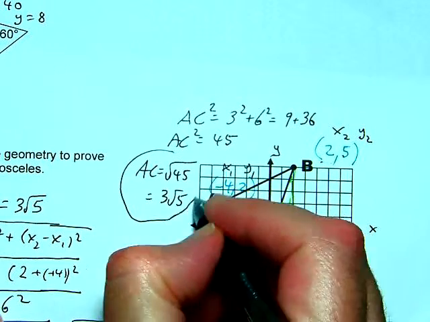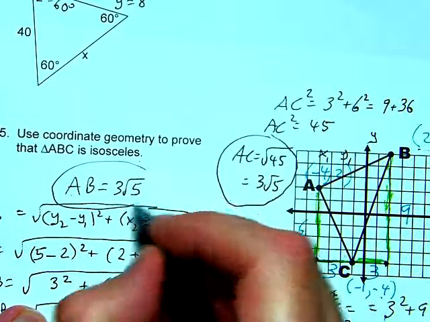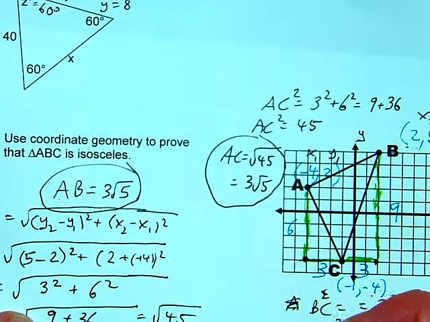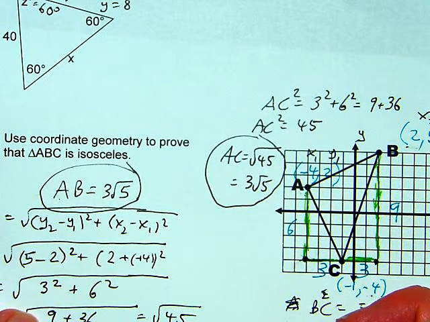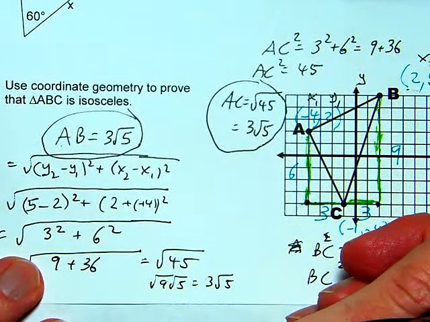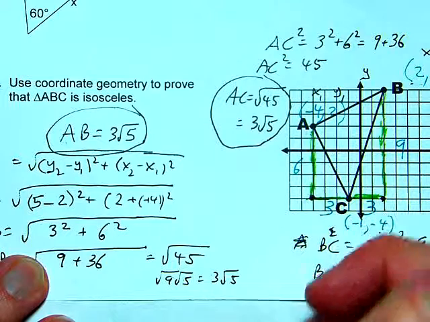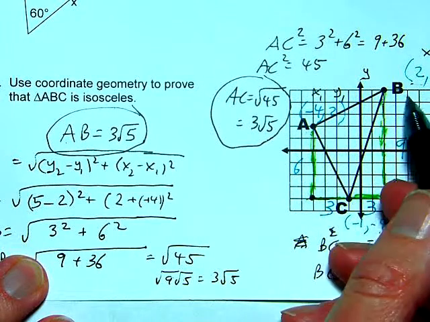So what we found is that AC is equal to 3 times the square root of 5, AB is equal to 3 times the square root of 5, and we can prove using a combination of the distance formula and the Pythagorean theorem that ABC is an isosceles triangle, and the lengths of the sides that have the equal length are AB and AC.